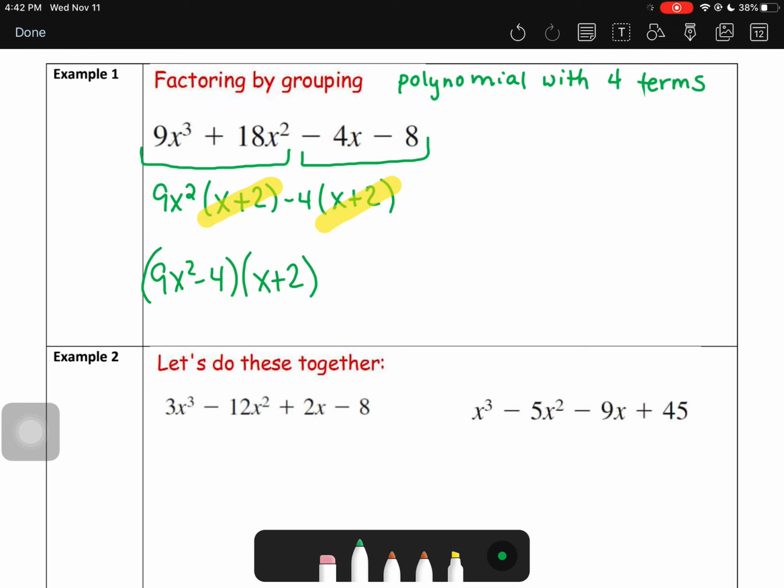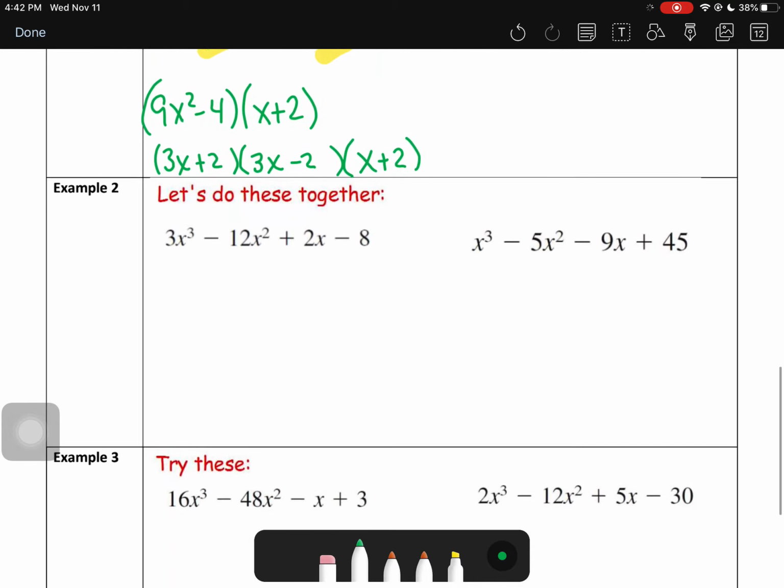We're undistributing. Can we continue factoring? Yes, because our first binomial is a difference of squares. So 3x times 3x would be 9x squared, and then we would have plus 2 and minus 2 as our product for -4, and then we have x plus 2 as our last factor.